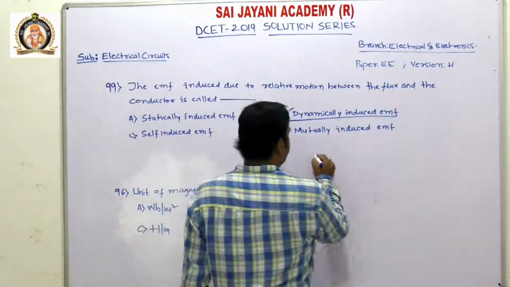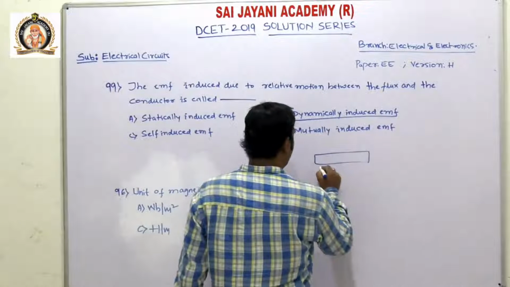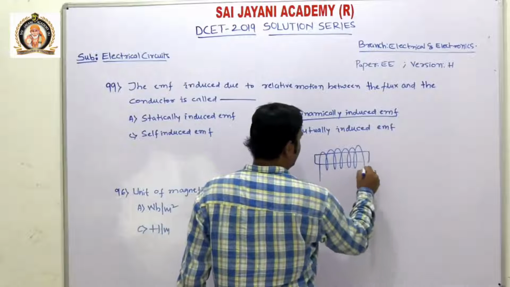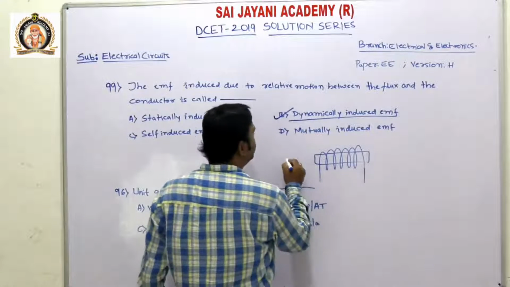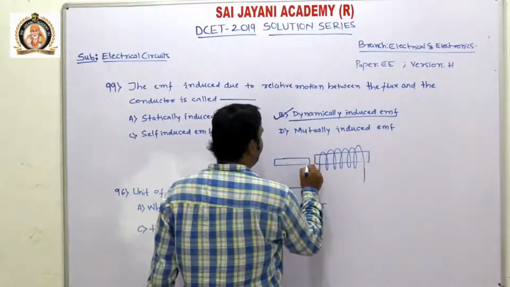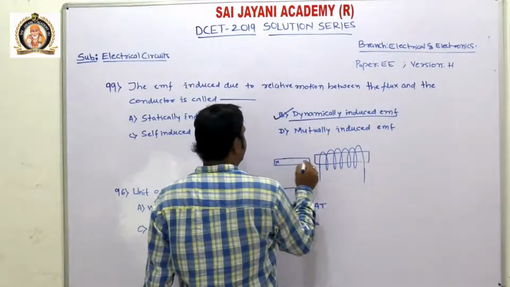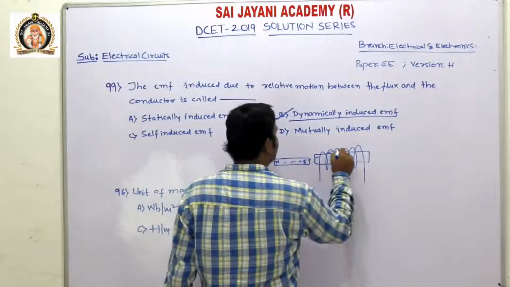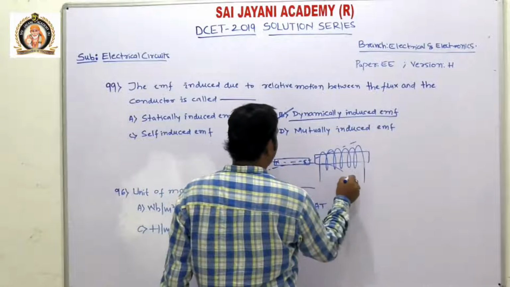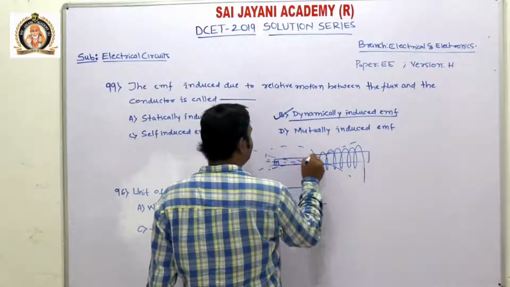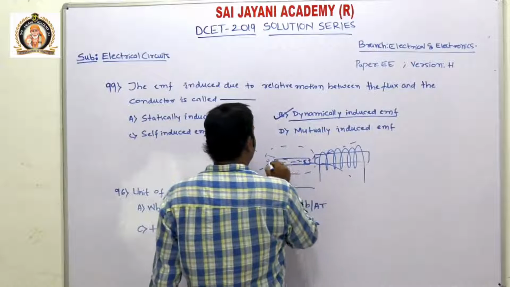Consider this coil. You can say it is a solenoid, and this is the magnet. Flux will be produced like this around the magnet.